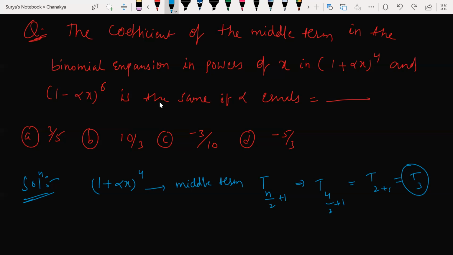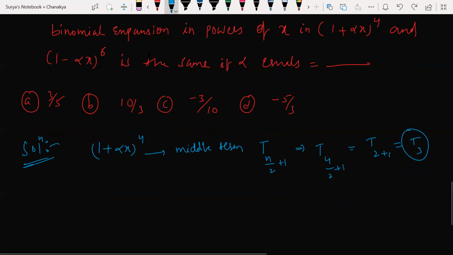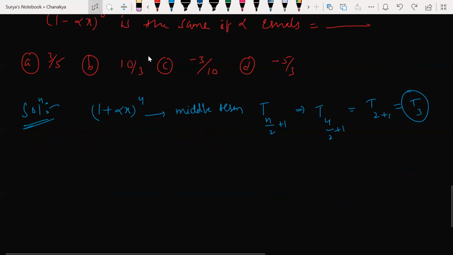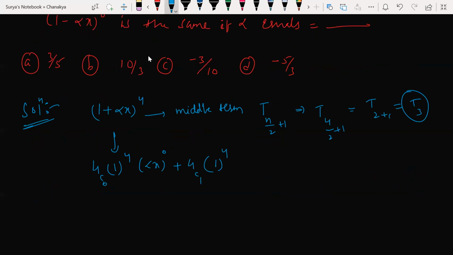Very simple. We need to find T3. Let us expand: the first term is 4C0 1 to the power of 4 (alpha x) to the power of 0, plus 4C1 1 to the power of 3 (alpha x) to the power of 1, plus 4C2 1 to the power of 2 (alpha x) to the power of 2.